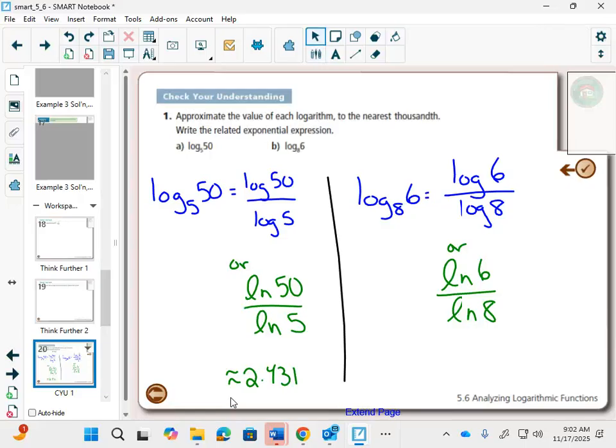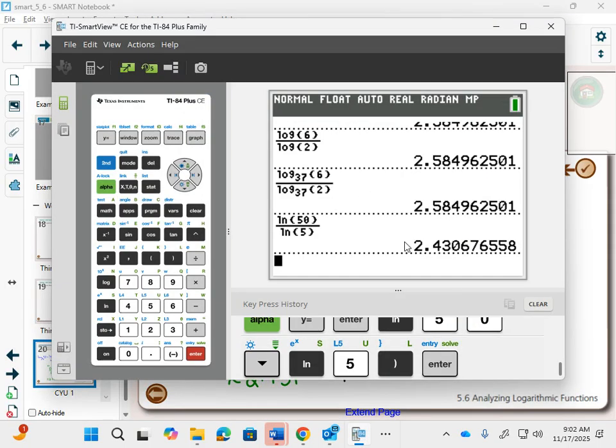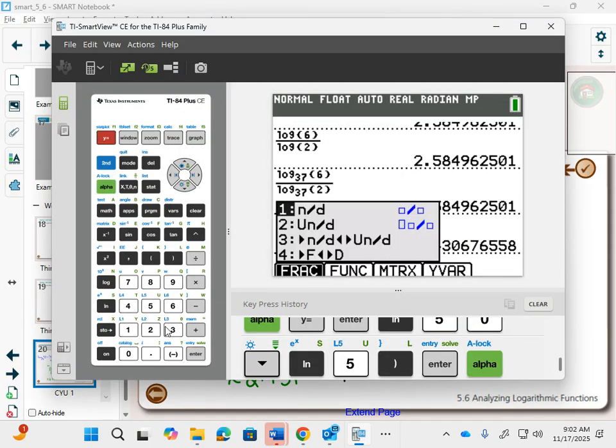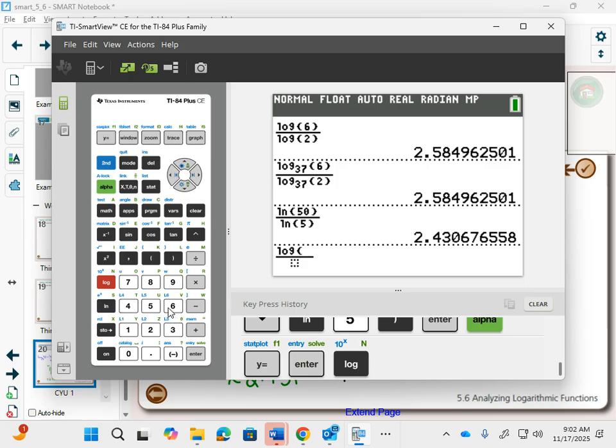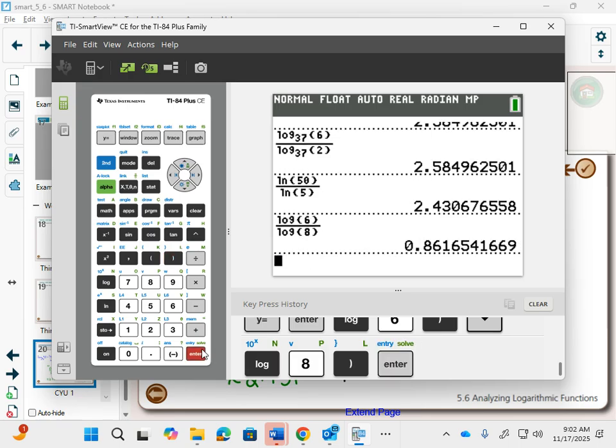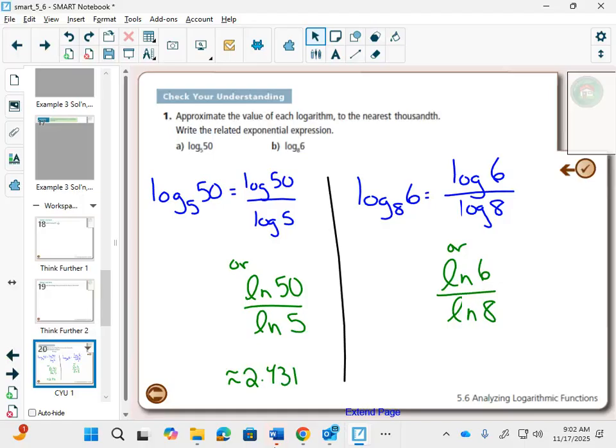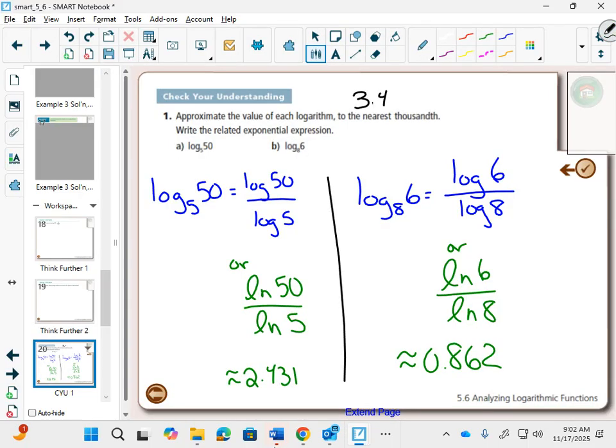So when I go to my calculator, log 6 divided by log 8, 0.862. And you can circle 3, 4, and 5.